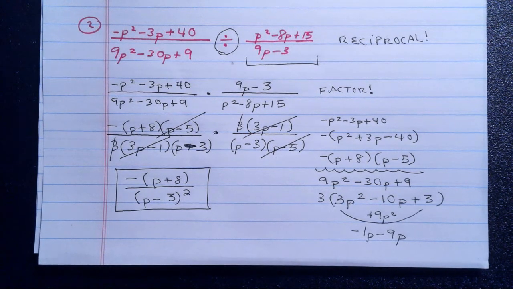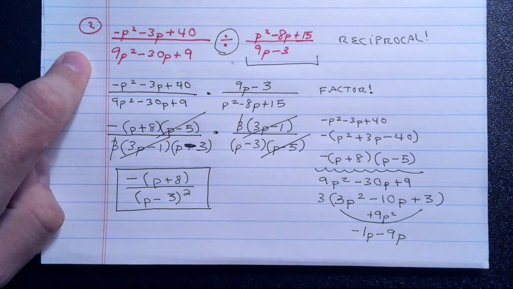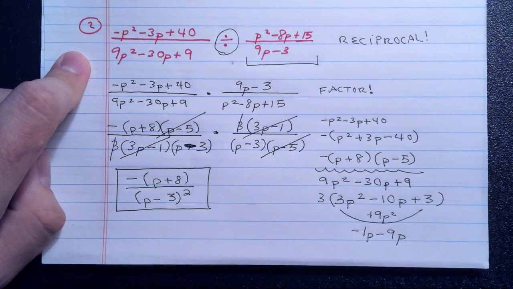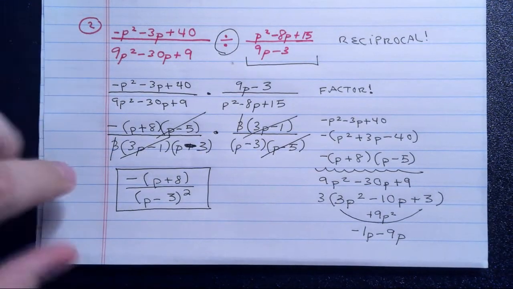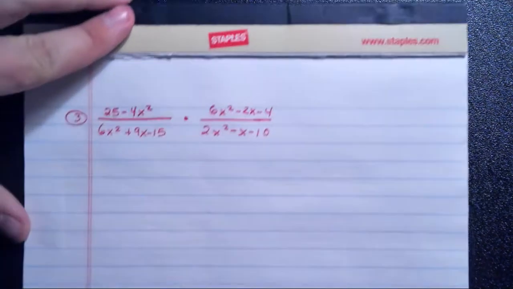So again, I could pick a value to test. If you are trying to test something with a calculator or by plugging in on paper, either way, just be aware, if you plug something in and get 0, you should pick a different value. I wish we had more time to spend on that, but we do not. So now I'm going to move on to a multiplication problem.